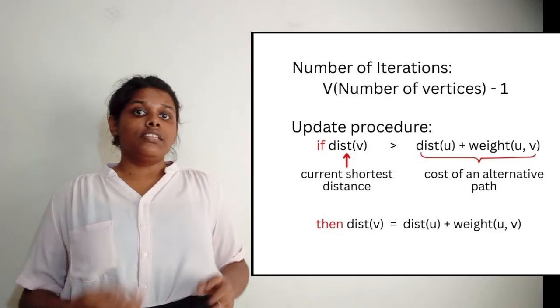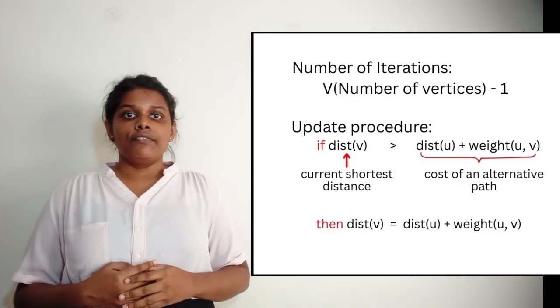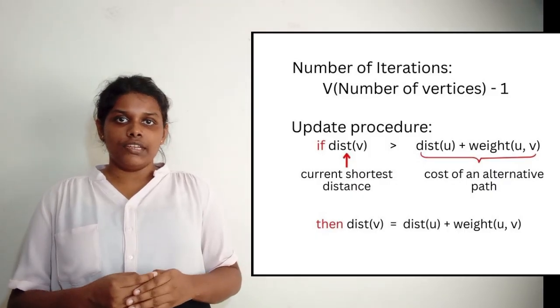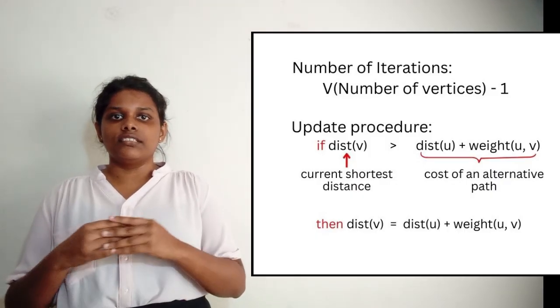If this condition is satisfied, we can assign distance U plus weight of U to V as distance V. This process of path updating is called the edge relaxation process, which means to make the weight smaller if possible.